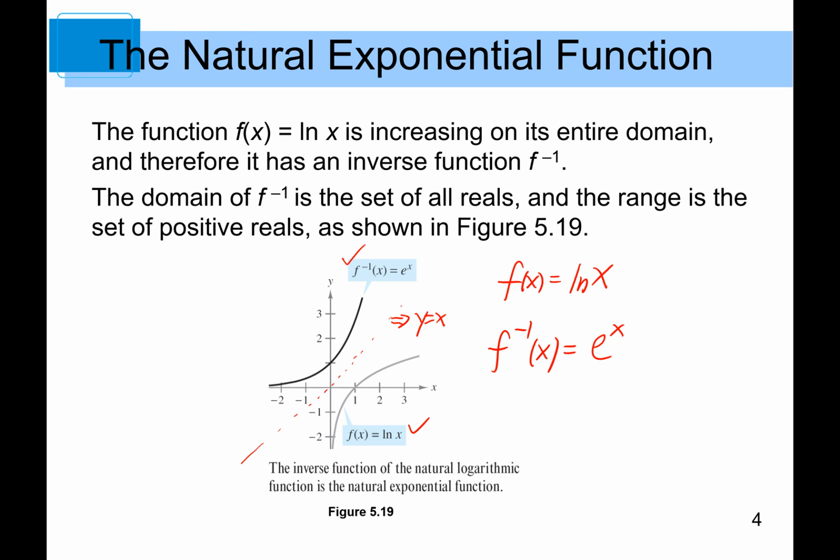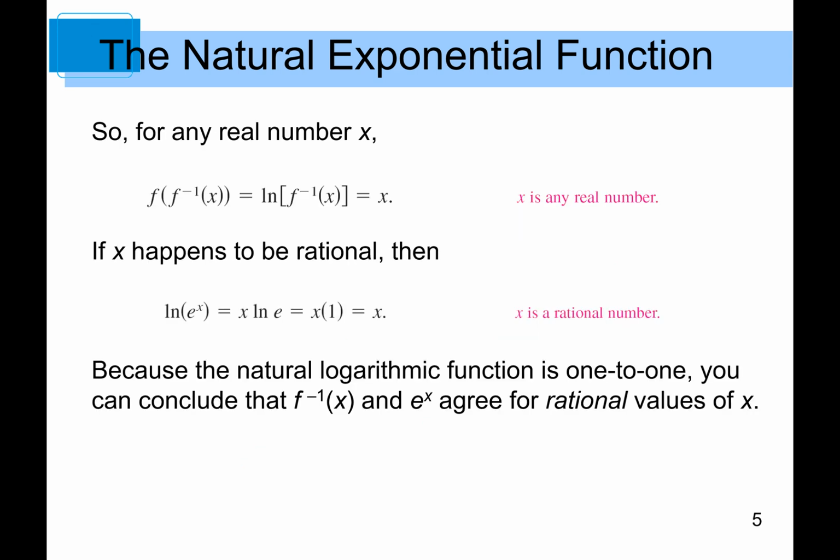In summary, the inverse function of the exponential function base e is the natural logarithm function. So if you use the definition of the inverse function, f negative 1 of x: in this case, f of x is ln of x, and the inverse function is e to the x.